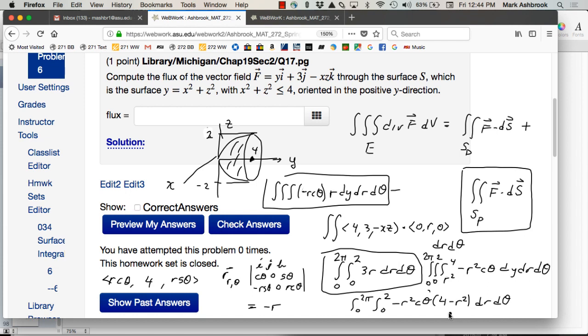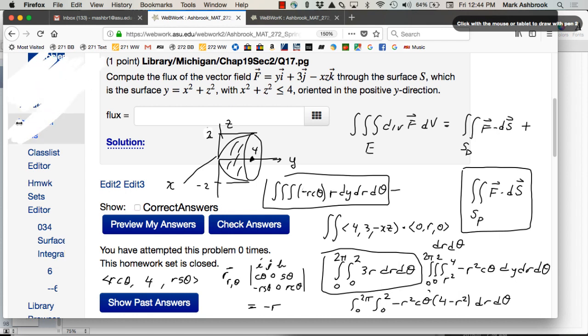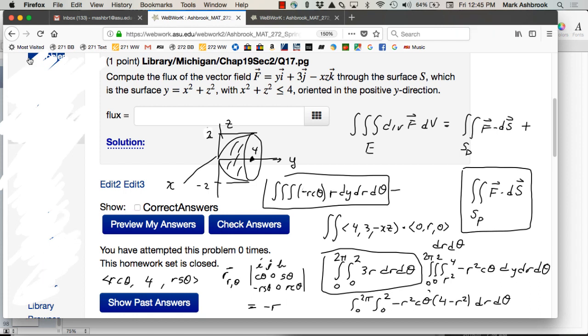Okay, now with respect to r, I'm running out of room here. Okay, so triple integral, here we go. With respect to r, is it negative 4/3 r cubed cosine theta?